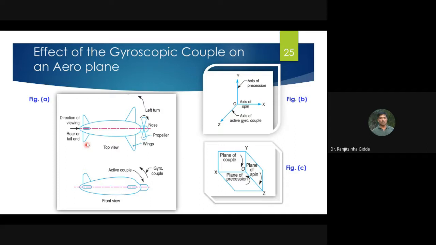So this is tail end or the rear end. This is front end, or we are going to call it as the nose, and this one is tail. And this is the propeller.